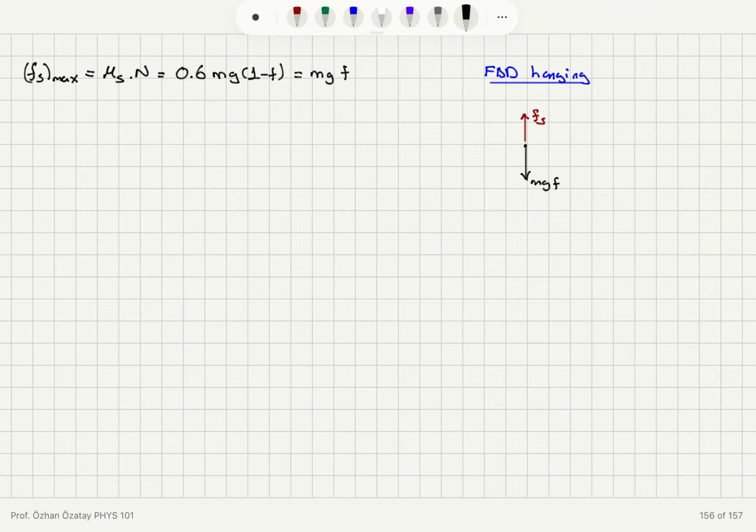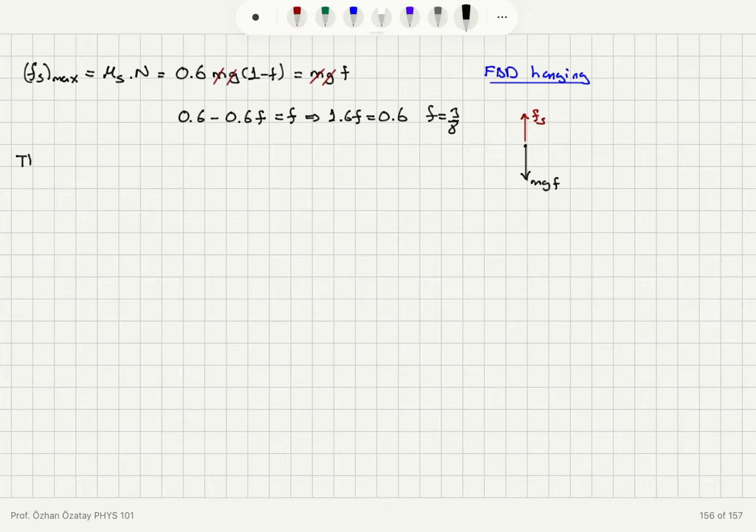If it's at the verge of sliding, the static friction has reached its maximum value, so the m's and g's cancel and I find 0.6 minus 0.6 F must be equal to F, which means 1.6 F is 0.6, or F equals 3 over 8.